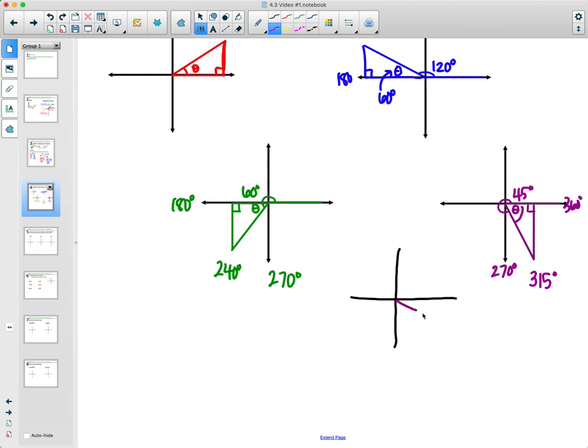If this angle had been here, and let's say that this is 330, then this is 360. This angle here is going to be 30 degrees. Not looking at it from 270 to there, because that's going to be 60 degrees, which is this angle, which is not the reference angle. So you want to do the difference between 360 and 330, or 360 and 315 in this case.